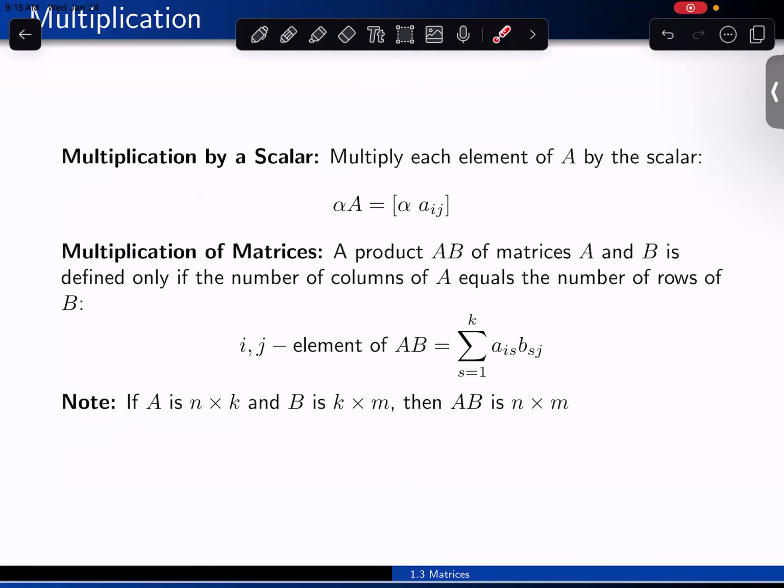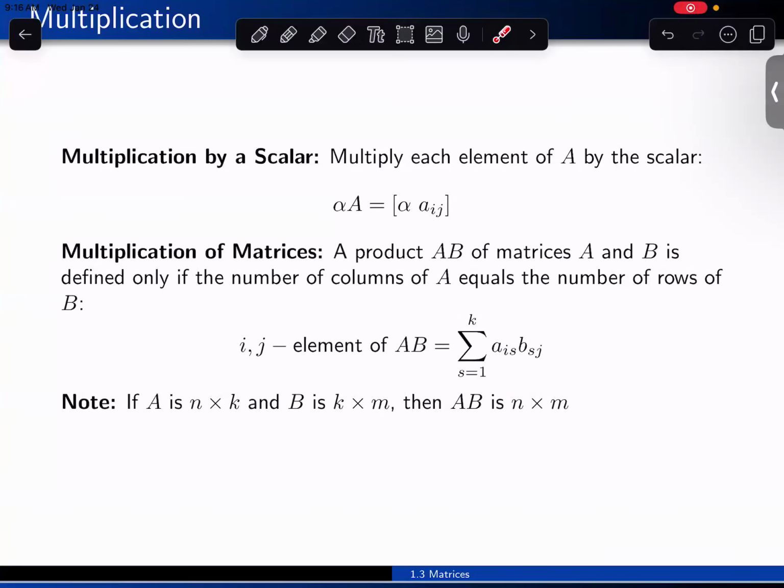Okay, so here's the more formal way. Before, I was talking about matrix multiplication as a linear combination of your column vectors. This is the more common way of writing out matrix multiplication. A product AB of matrices A and B is defined, first off, only if the number of columns of A equals the number of rows of B. And then the ijth entry of your new matrix is going to be the sum that we have here.